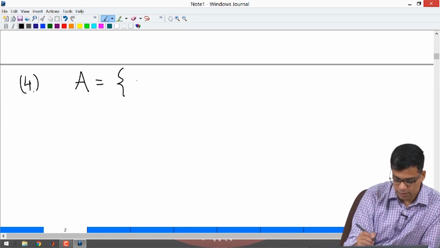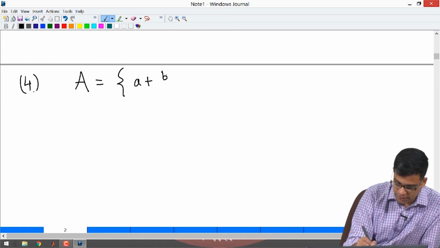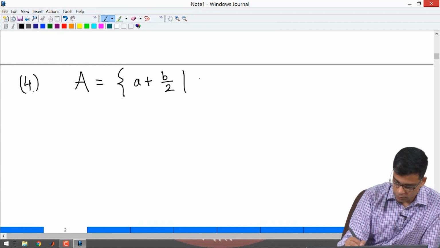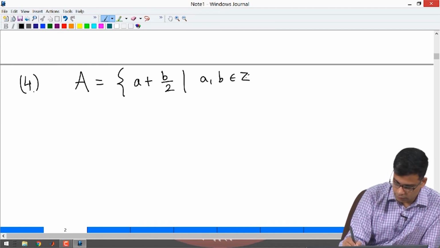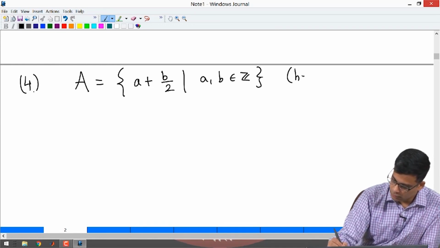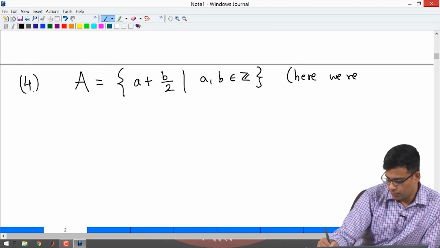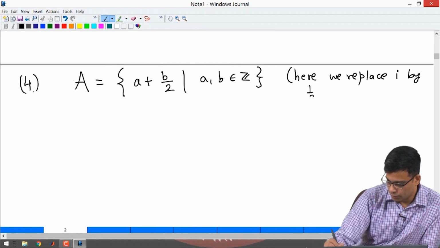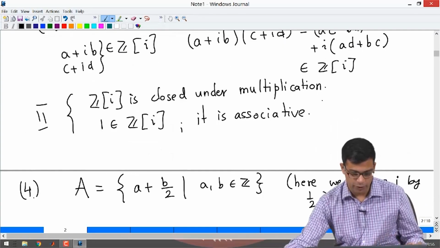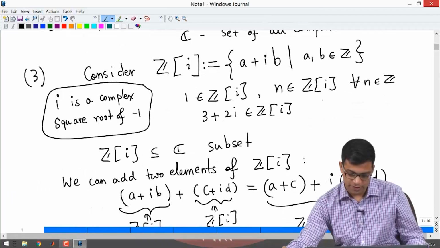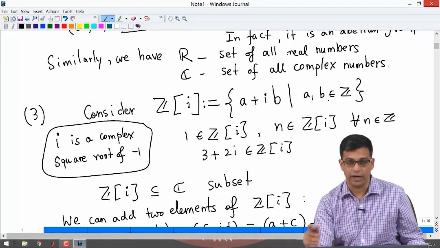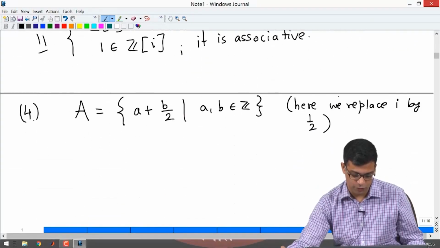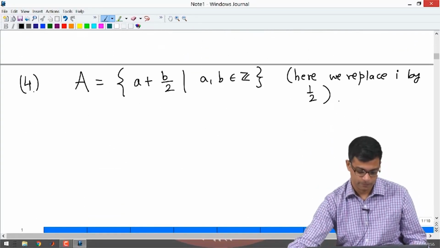So, A is, I am just replacing i by 1 by 2 in the earlier example. Remember earlier we looked at a plus ib where a and b are integers. Here I am taking a plus b times 1 by 2 where a and b are integers.